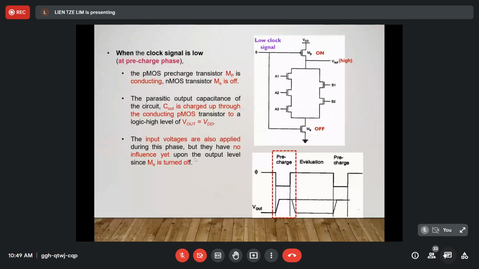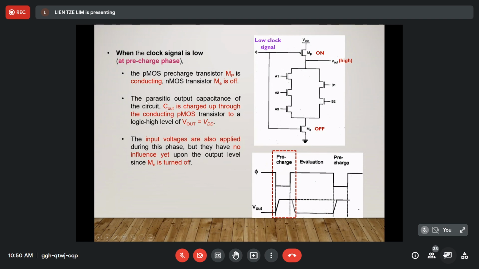Now I will explain further the operations of the circuit here, when the clock signal is low and high. At the pre-charge phase, the clock signal is low. So you see here, this is the low clock signal. The PMOS is on, V out is high, and the NMOS is off. This one is easy to understand.